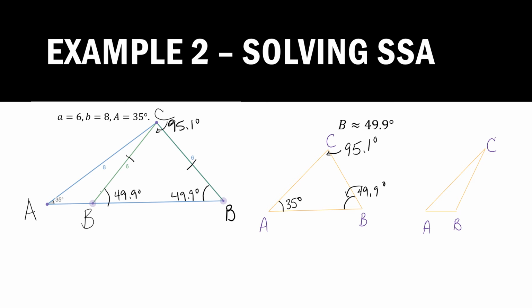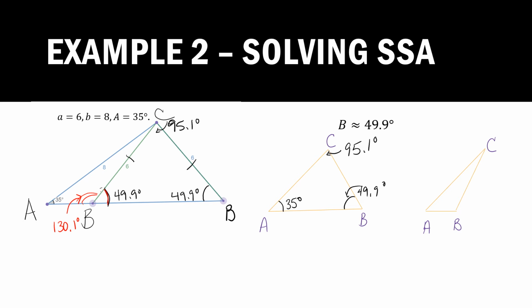Now, since this angle here is 49.9 and it makes a linear pair with this angle over here, all I have to do to find the measure of this angle is to subtract 49.9 from 180. That gives me 130.1 degrees.